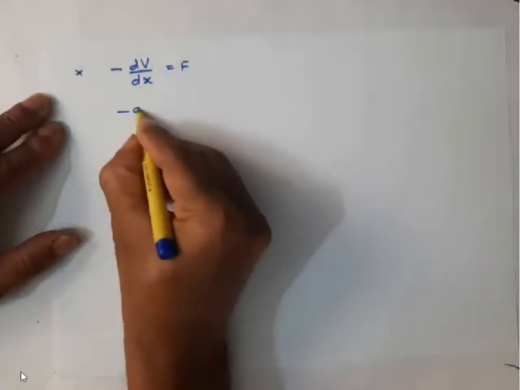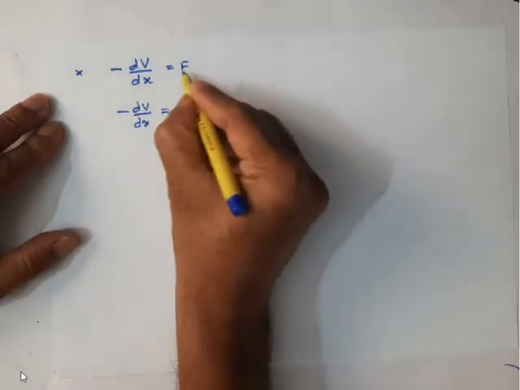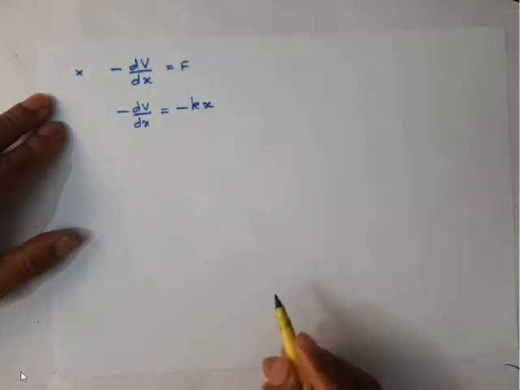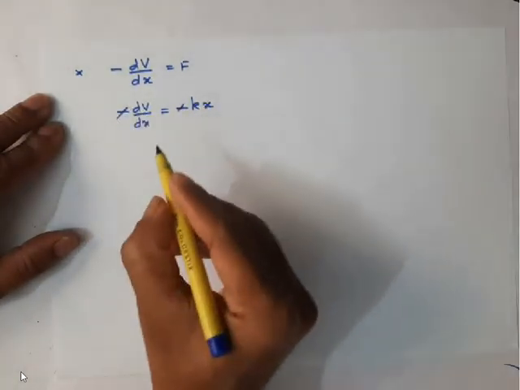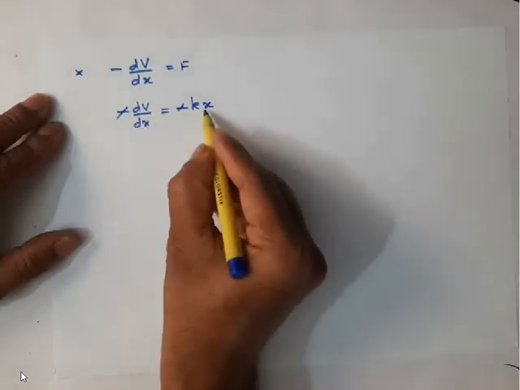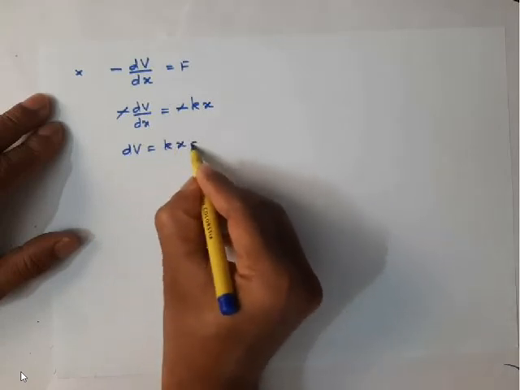Therefore, minus dV by dx is equal to, in this case, the restoring force, which is minus k into x. If I cancel the minus sign, I get dV by dx equal to kx. Bring dx to the right hand side, so we can write dV equal to k into x into dx.